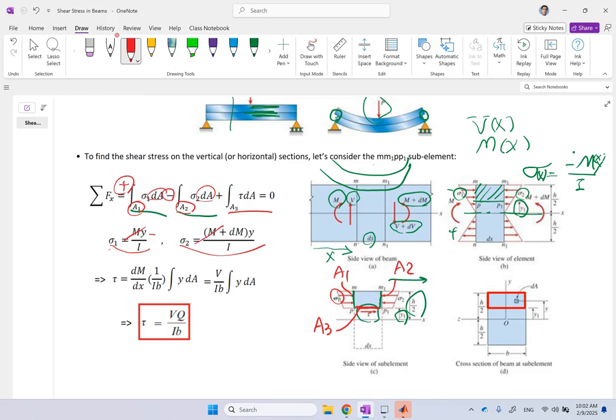And then when that negative term is taken to the other side and set equal to tau, clearly you see tau is going to be what?